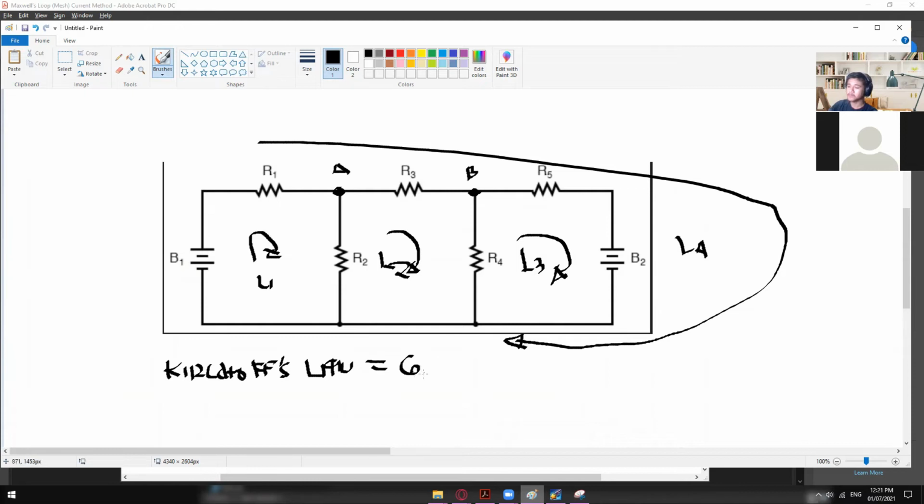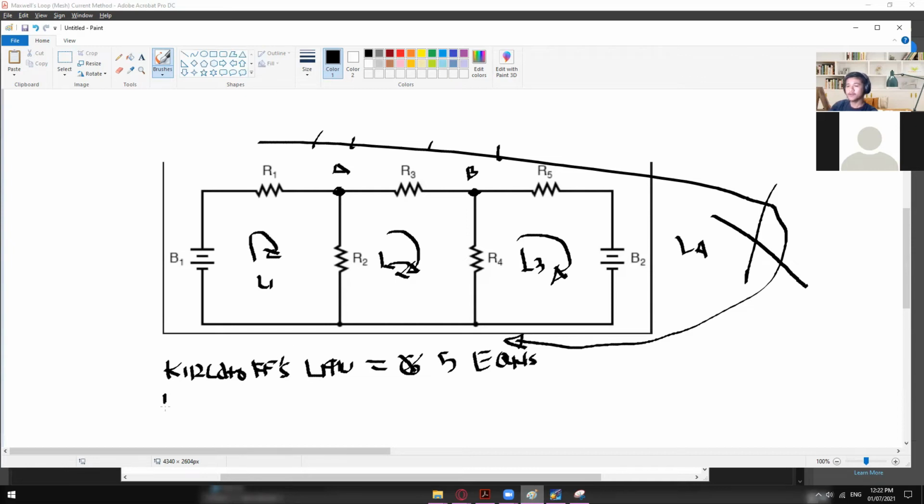But mostly it will be reduced to 5, since we don't usually have another equation for loop number 4, so mostly this one is being ignored. So you could see that we have a total of 5 equations.